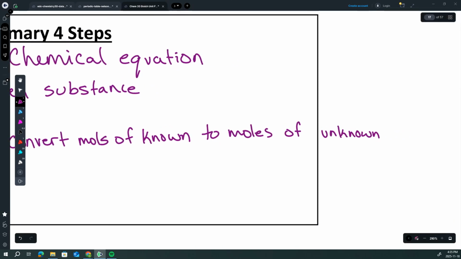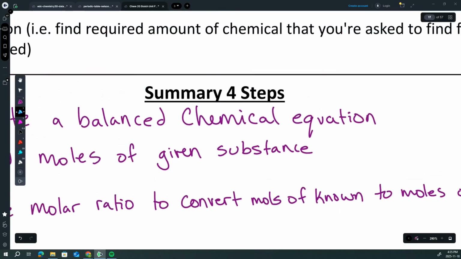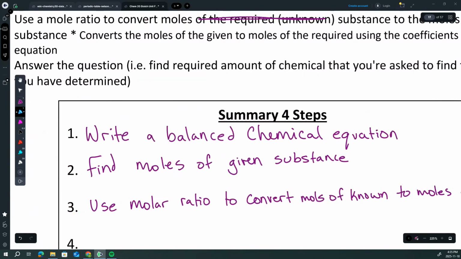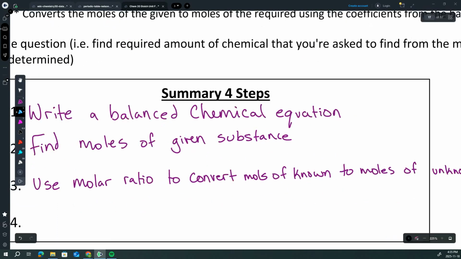As a reminder, your mole ratio is going to be using the coefficients from your balanced chemical equation that you would have created in step 1. That's why it's incredibly important to start off solving these questions with a balanced chemical equation.